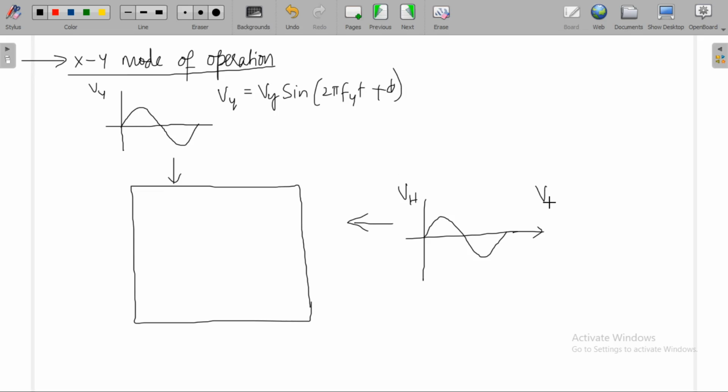Let Vx is equal to Vx sine 2 pi fx t. Then a Lissajous pattern will be displayed on the screen of the CRO.